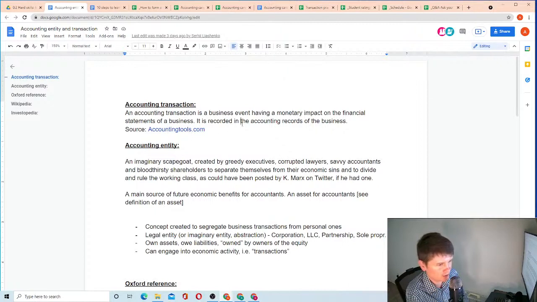So whatever you will do as an accountant will always involve monetary impact or potential monetary impact on the entity. So that is the definition of transactions.